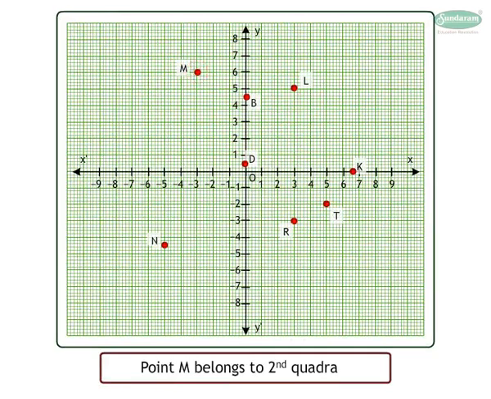Point M belongs to the second quadrant. Point N belongs to the third quadrant. Point K belongs to the x-axis. Point B belongs to the y-axis. Point R belongs to the fourth quadrant. Point T belongs to the fourth quadrant. Point D belongs to the y-axis.